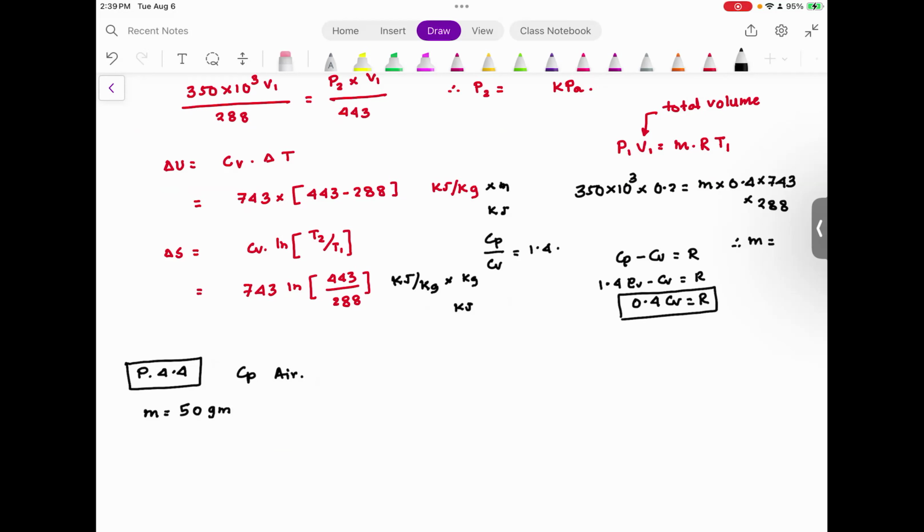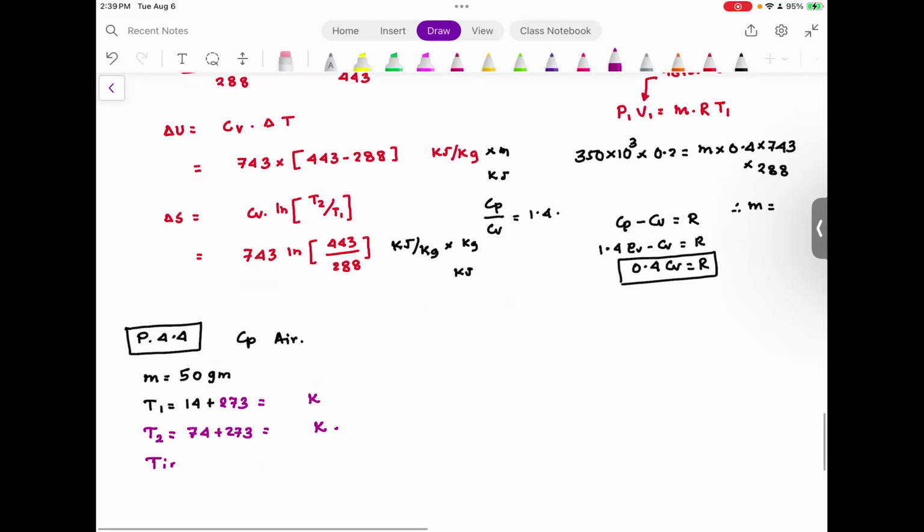Was heated from T1 is equal to 14 degrees C. So we need to express this in Kelvin. From 14 degrees C to 74 degrees C, T2, for a period of t seconds.